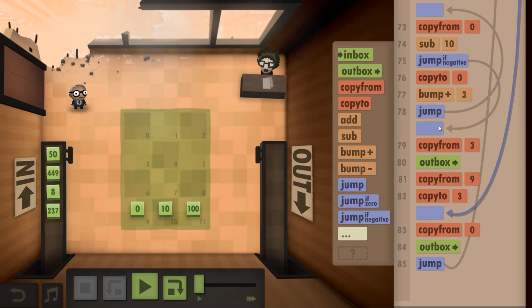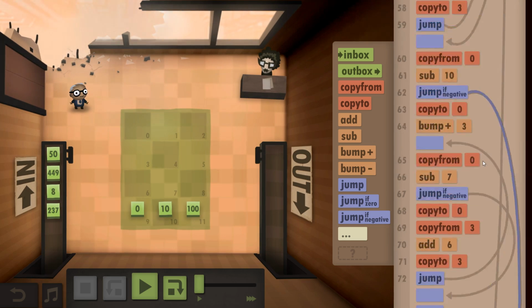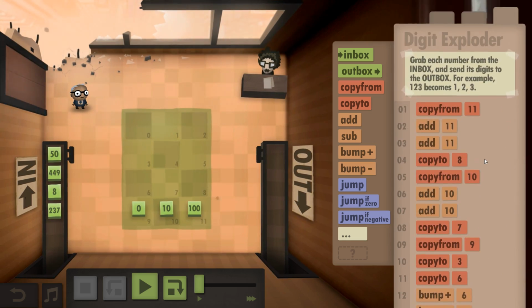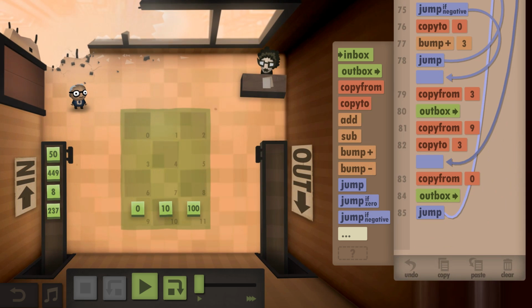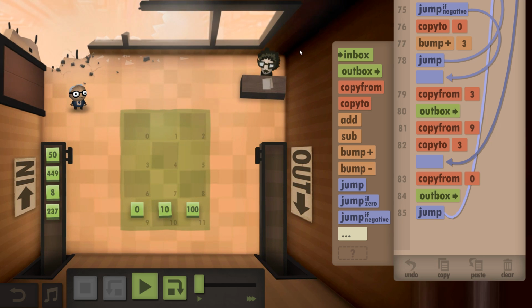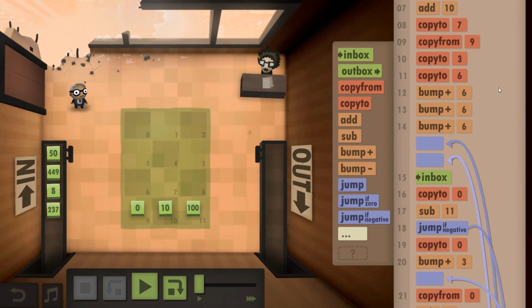I would need another output code thingy, maybe. Let's see. Yeah, let's copy this again. This is the best we've got. We'll replace the old one here because that was the same amount of steps, but worse because of the extra code that I didn't need.